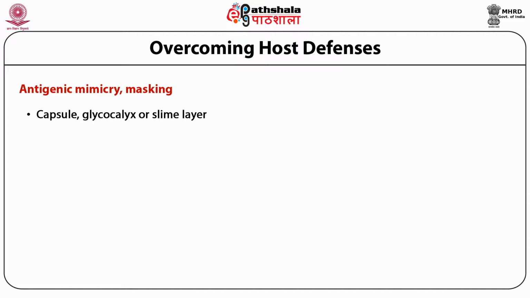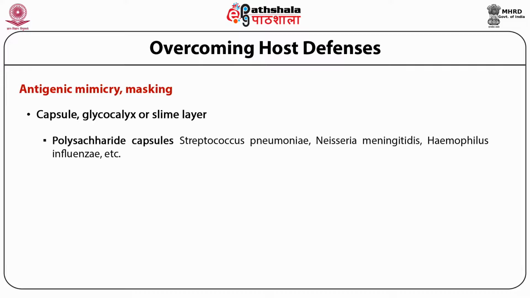For example, Streptococcus pneumoniae, Neisseria meningitidis, Haemophilus influenzae have a polysaccharide capsule around them, whereas Bacillus anthracis has a polypeptide capsule. So it is a mode of masking its antigen or doing mimicry of its antigen.